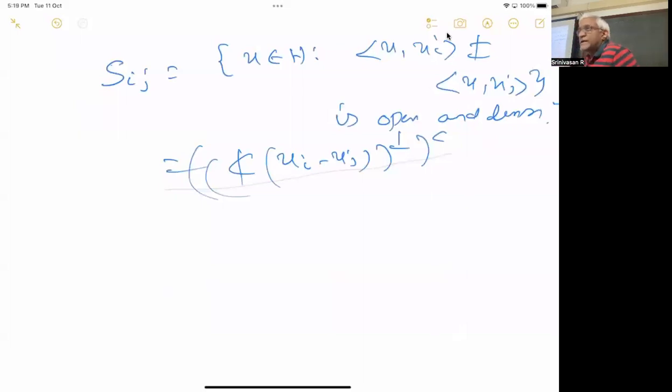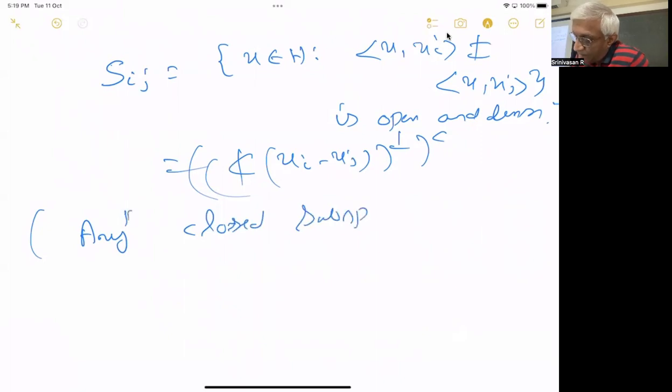No, that subspace is nowhere dense. Sorry. Any closed subspace of a Hilbert space, because any proper closed subspace of a Banach space, you can take a Banach space or Hilbert space, whatever, is nowhere dense.